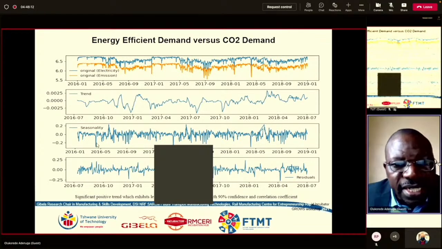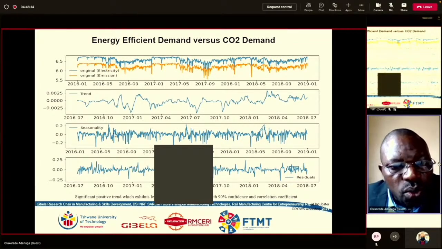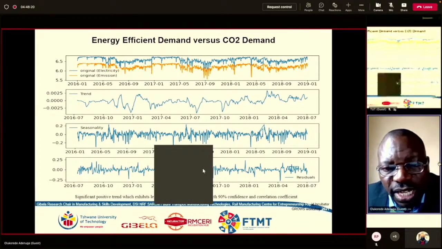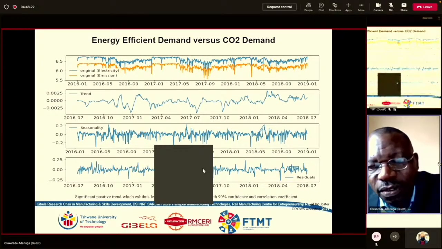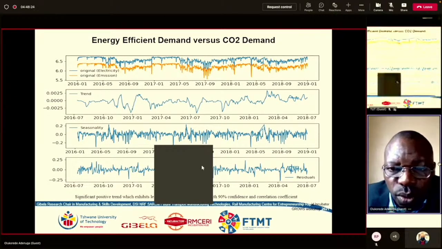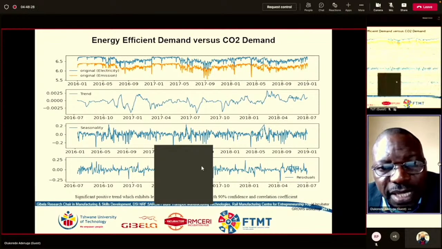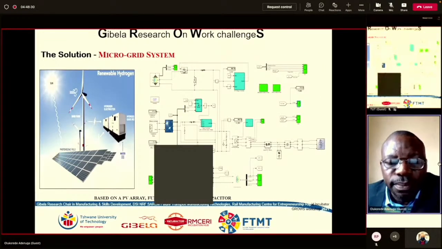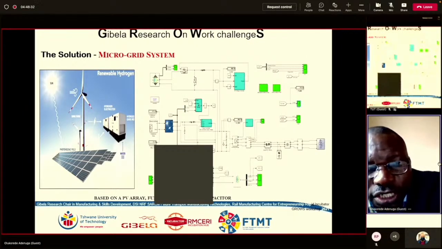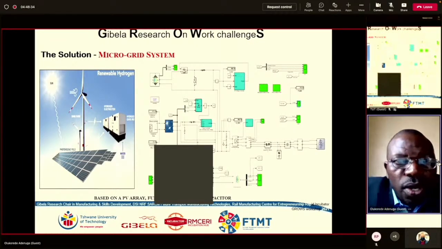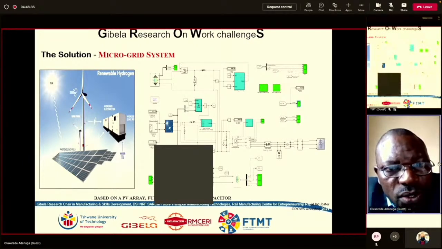You put in ARIMA to try and smooth the data, and the residual you get, you put into the LSTM, and that helps you use 20% of that data to train the remaining 80%.